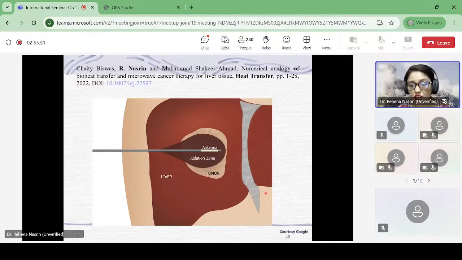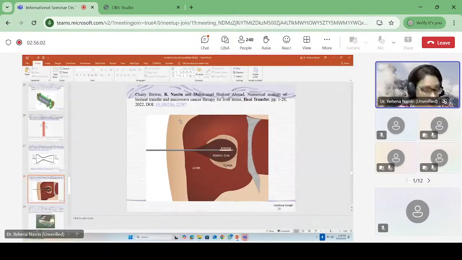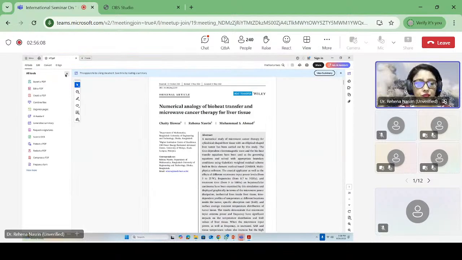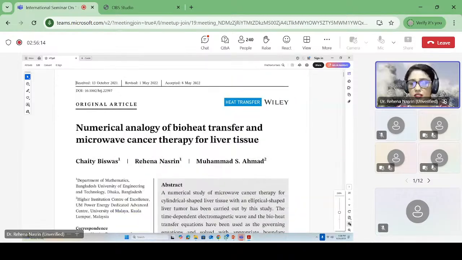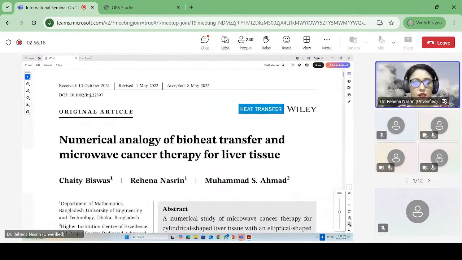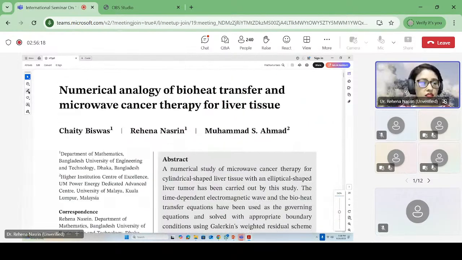It can be used for any kind of biological body. I can show you how we perform this type of research. It was published in a Heat Transfer journal in 2022, and this is a little bit different type of analysis.